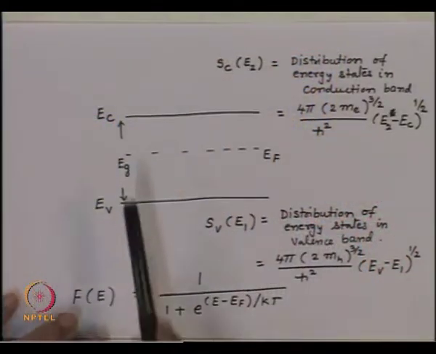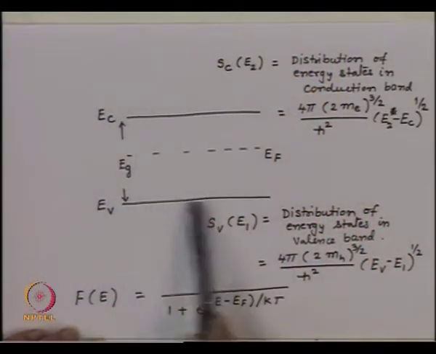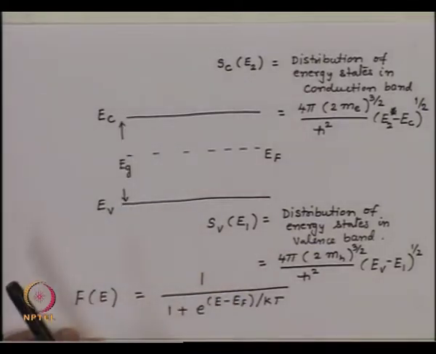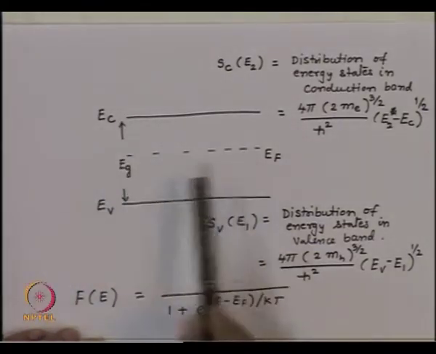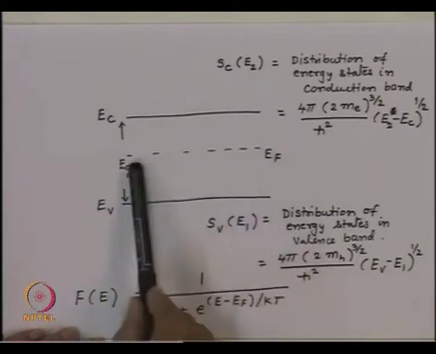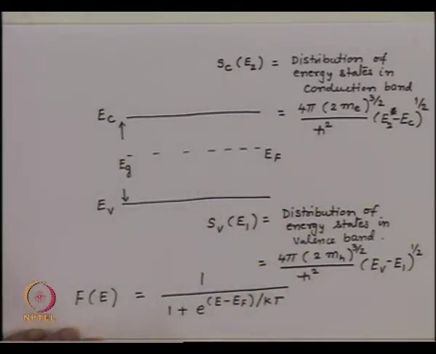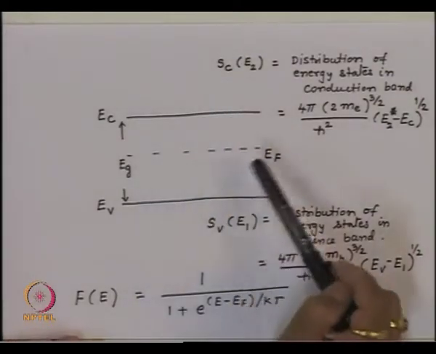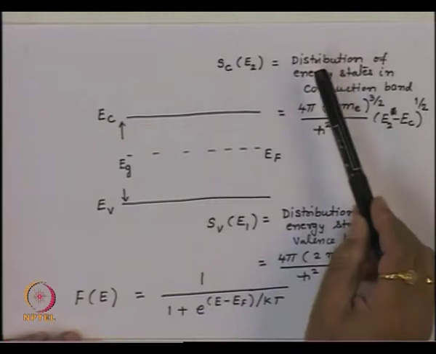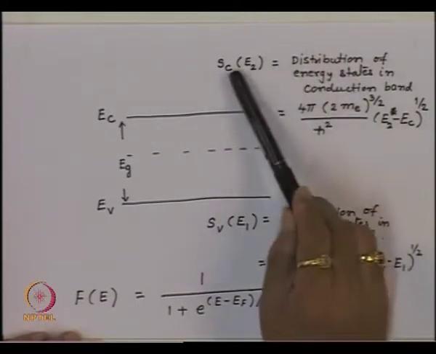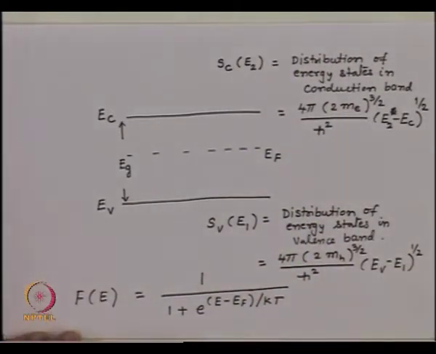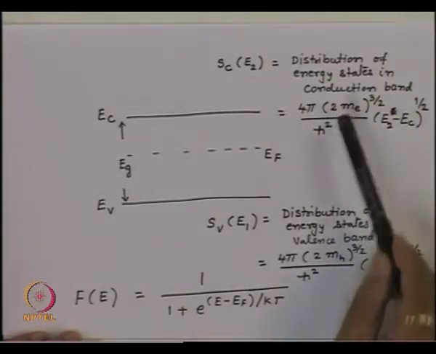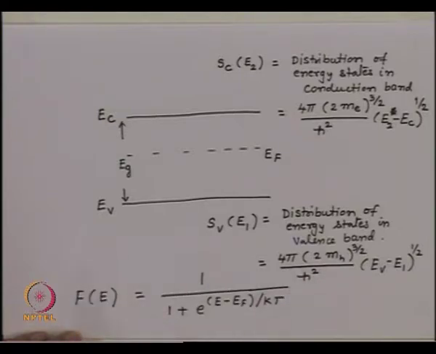The energy level diagram for a semiconducting material will be, there will be a conduction band here, there will be a valence band here, this is the energy band gap, and if you take an intrinsic material, then you have a Fermi level which is midway between the two, and then availability of an electron in the conduction band will depend upon two things, that is availability of an energy state which is given by this distribution of energy state function, and then occupancy of that energy state by an electron which is given by the Fermi function, which is this.